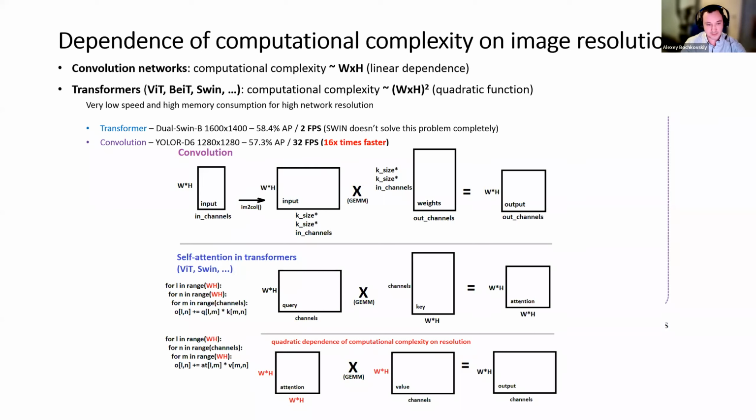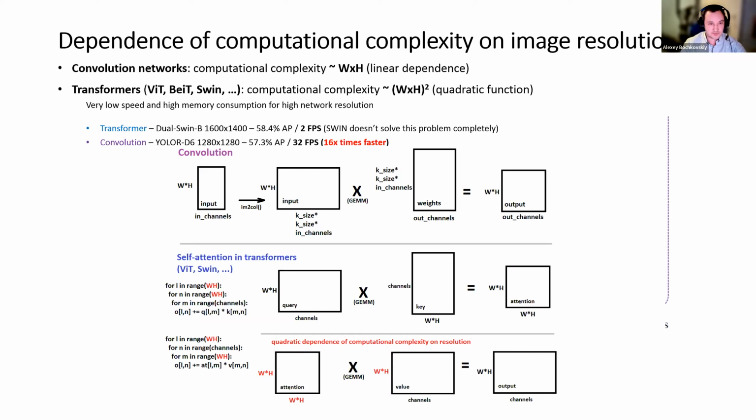It means that if we have some small neural network for an image classification task, for example, for ImageNet with resolution 384, and it works fast with high accuracy, it's great. But if we try to apply this network for object detection with 1000 pixels, and try to increase resolution on the network, then we will have very slow speed of ViT or SWIN.